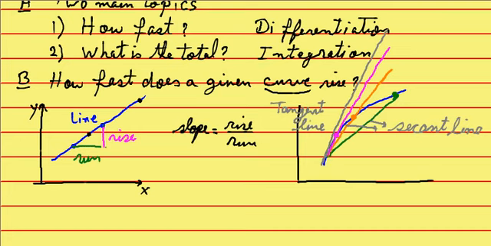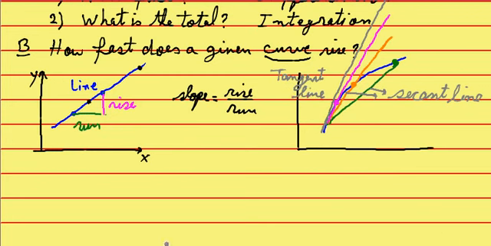That gives us the idea of a limit. So the third item for this lecture is the concept of limit. Roughly, the process we went through here is a process of taking a limit.